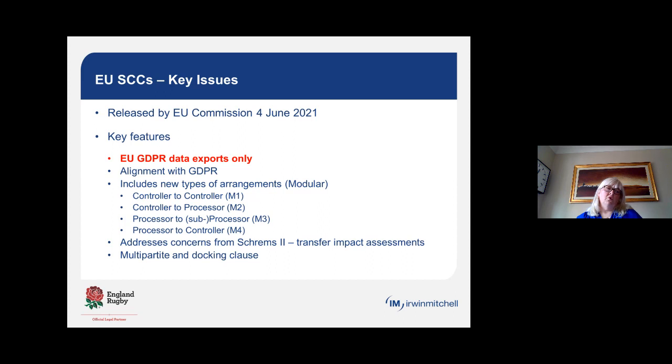What that's for, for example, is if you have a controller that's based in the US and they want a processor in France to do something with their personal data. The EU GDPR doesn't interfere with data coming from the US to France, but what it does intervene in is the personal data going back from the processor in France to the US, because processors are caught by the restrictions on export in the same way as controllers.